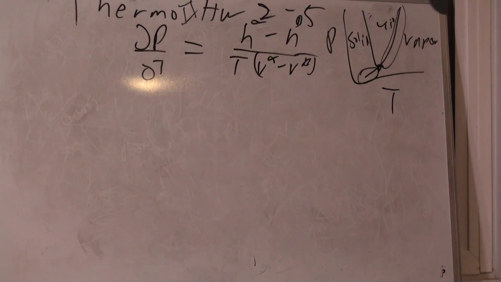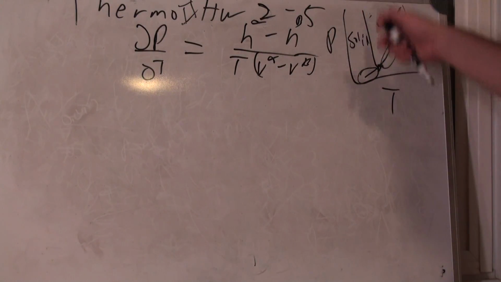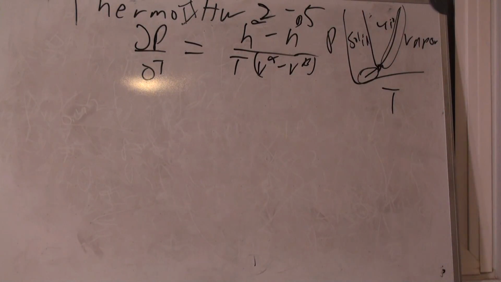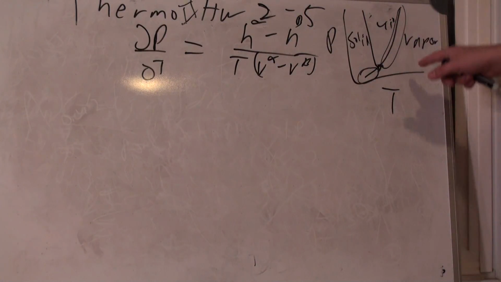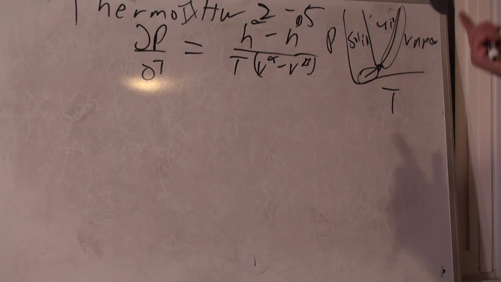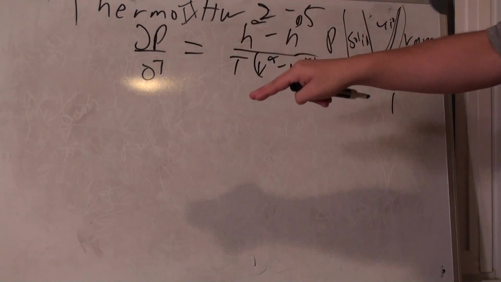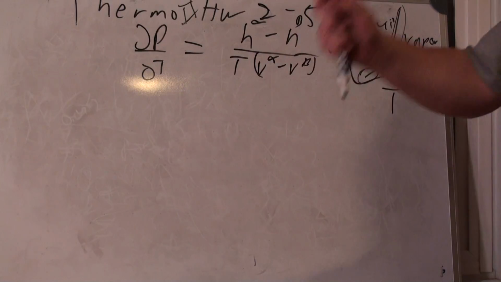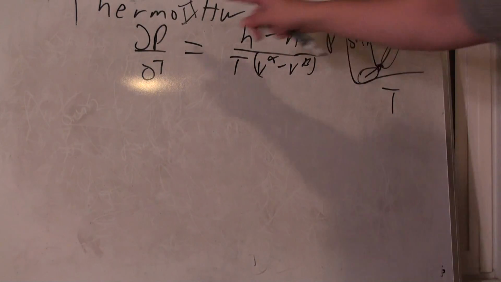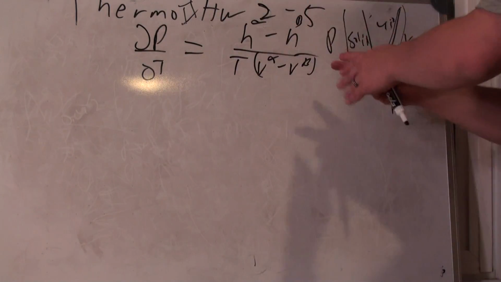Now, yes, I could use stuff about melting too if I wanted, but the math is harder. And so I'm trying to find out where this relationship for sublimating equals this relationship for boiling.